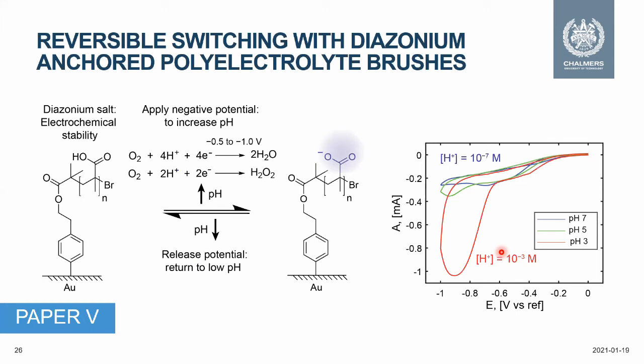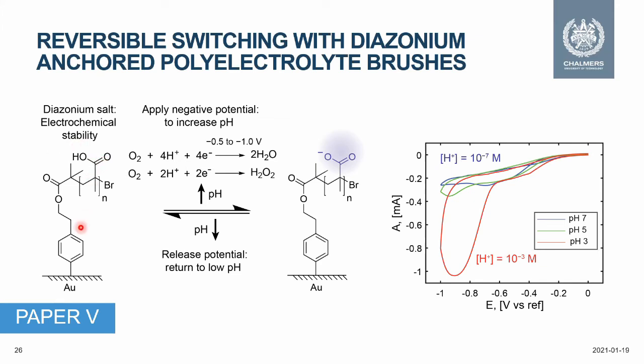Until now, the pH was switched by pumping a new buffer liquid, which is a slow and impractical method. Electrochemistry offers a rapid, non-invasive method for pH switching because it only switches the pH of the local environment surrounding the brush. But to achieve this, we needed an electrochemically stable linker between the surface and the brush.